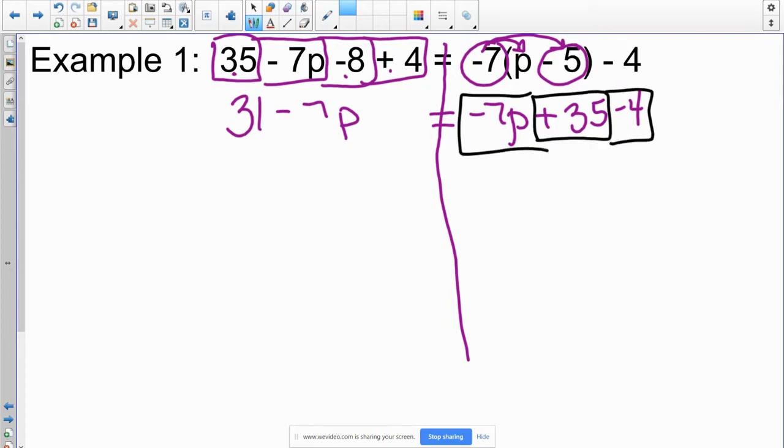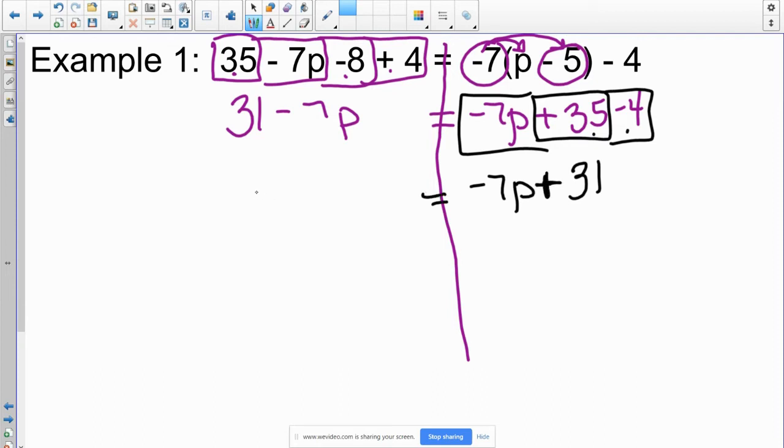When I box it up, if there's 3 boxes, I know I can at least simplify it down into 2 boxes. So the positive 35 and the -4: if I add 35 plus a -4, that gets me 31. I'm going to drop down my -7p, and that was a positive 31, so I'm going to put a plus sign there.